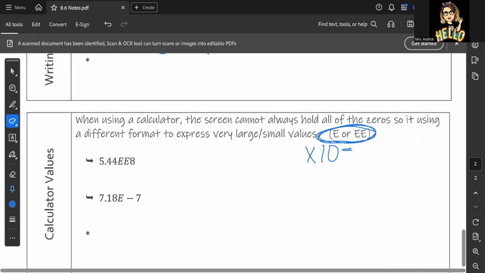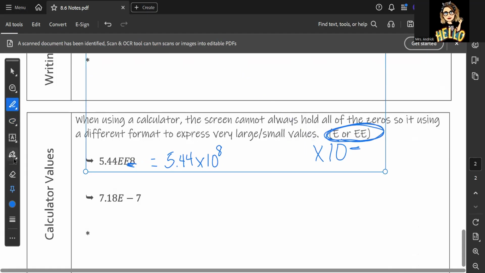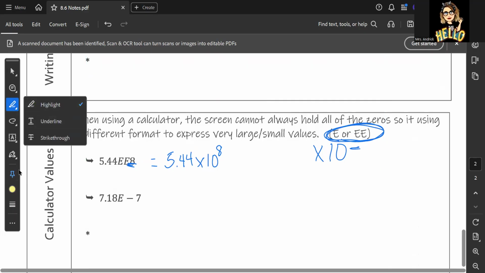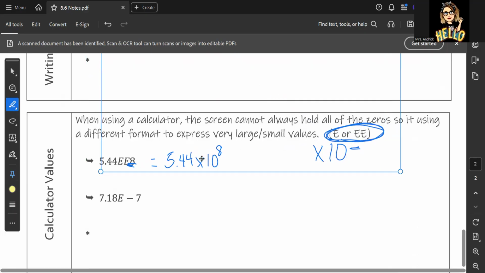So really, this is saying we want to take 5.44 times 10 to the 8th power. So that's what the EE means. The EE just means times 10. That's all it means.